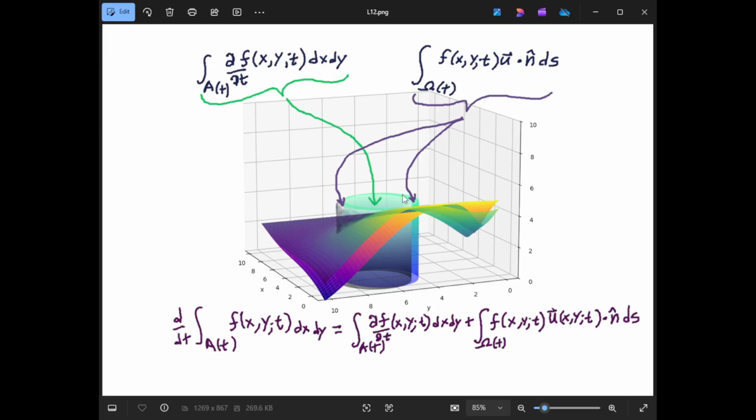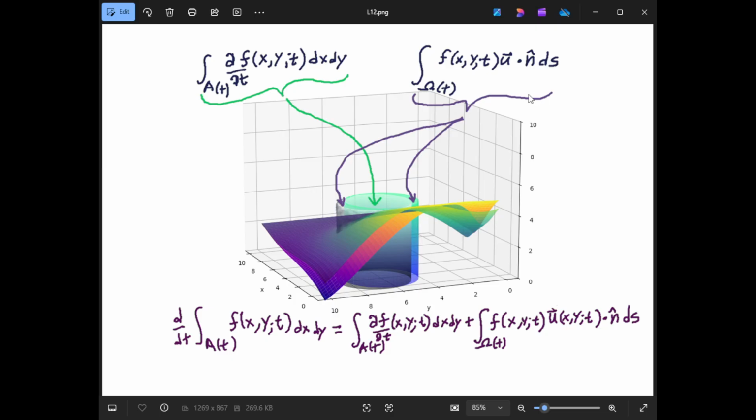The area in the middle, where the function changes with time, that's done by the partial, and then the two boundaries are done by the boundary integral that multiplies the values of the function on the boundary by this quantity that is dependent on the velocity of the field, which is basically the velocity of the boundary at that point.